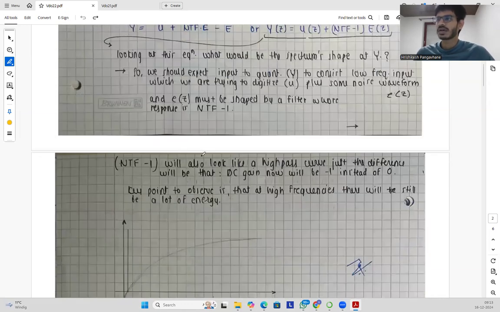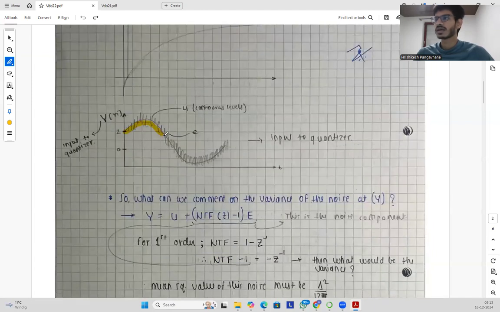So we have, let's say, a continuous input signal, which is continuous in levels but discrete in time. And over that signal, we have a noise riding on those continuous levels. This in total is the input to the quantizer, which is y of n.